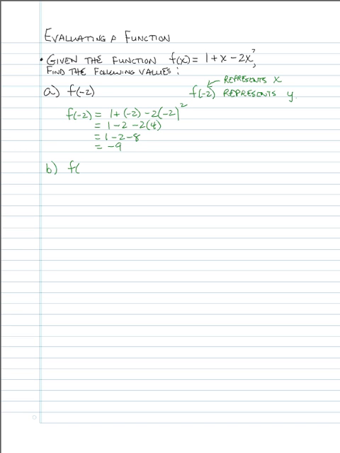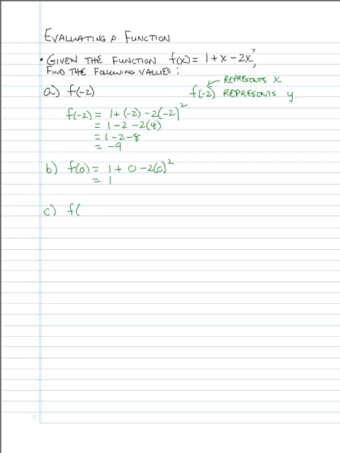Of course, f of 0 would be, we replace each x with a 0. So we'd have 1 plus 0 minus 2 times 0 squared. And when we calculate that, we would simply get a 1. And of course, we could do this with fractions as well. What becomes a little more of an issue is when we replace x with another letter or expression.